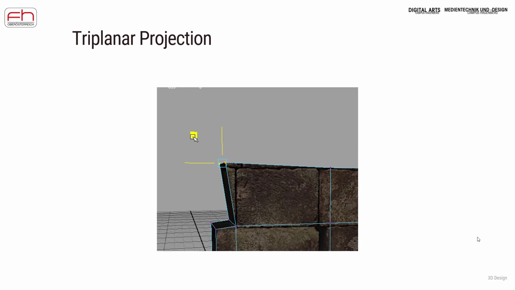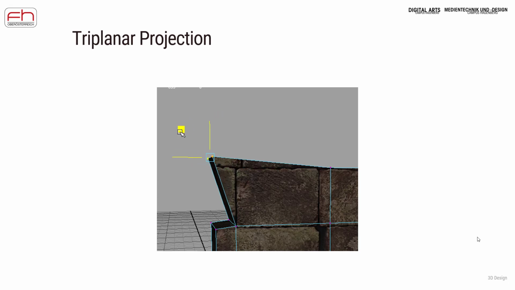Okay, so just so you know, this is a very interesting way to solve the problem that I showed in the previous section. You know that I had to do like a UV projection from the side, for example, to be able to use a texture and to project this texture just in one direction. And in this case, I don't have to do that. I can use a triplanar and I will solve the problem of the UVs without having to go back to the object and destroying the UVs to create new UVs.